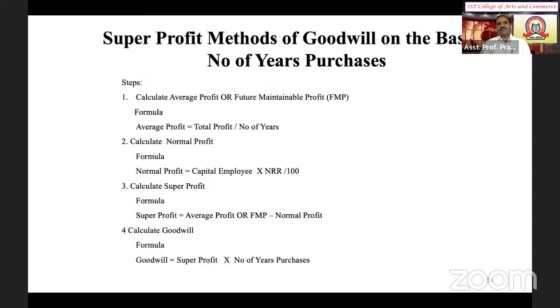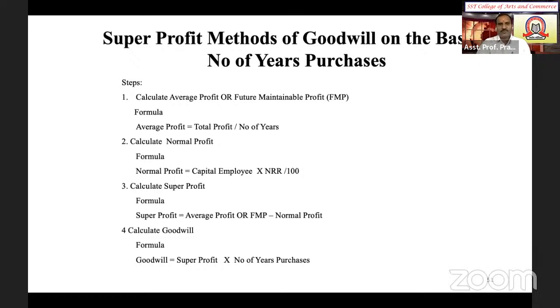Then the super profit method of goodwill on the basis of number of years purchase. In this method, you have to follow 4 steps. Step number 1: calculate average profit or future maintainable profit by using the formula: average profit is equal to total profit divided by number of years.